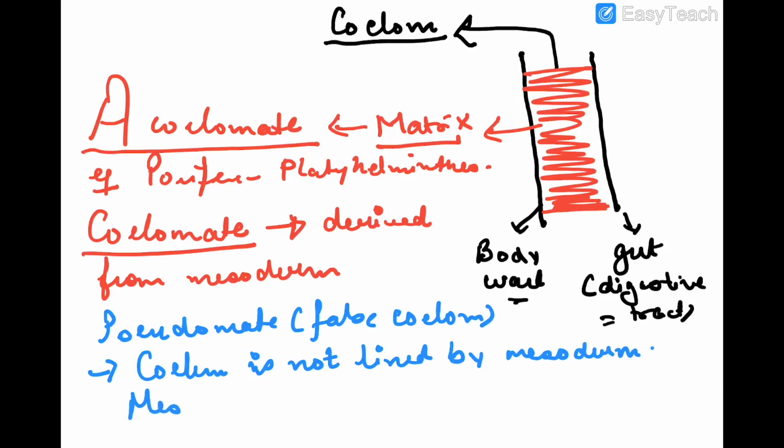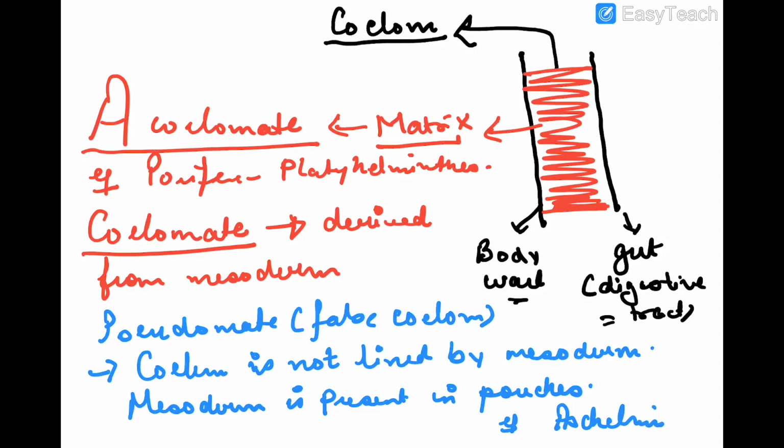Instead, mesoderm is present in pouches. Example of these are Aschelminthes, which include roundworms. An example of coelomate are Annelida to Chordata. So there are three types: acoelomate, which do not have a coelom; coelomate, in which coelom is present, derived from mesoderm; and pseudocoelomate, which have false coelom because coelom is not lined by mesoderm.